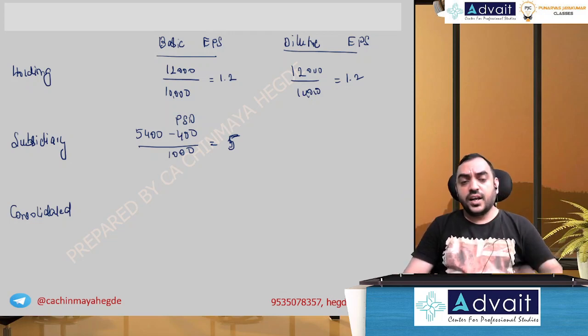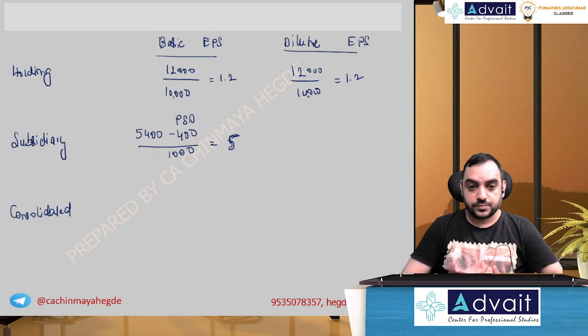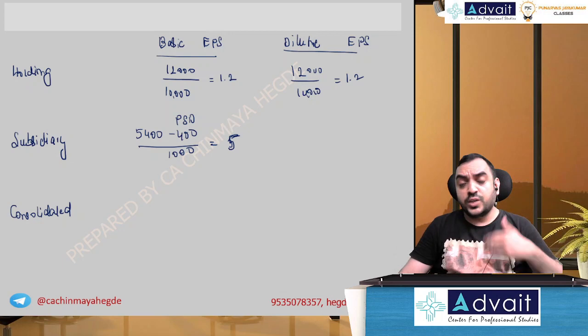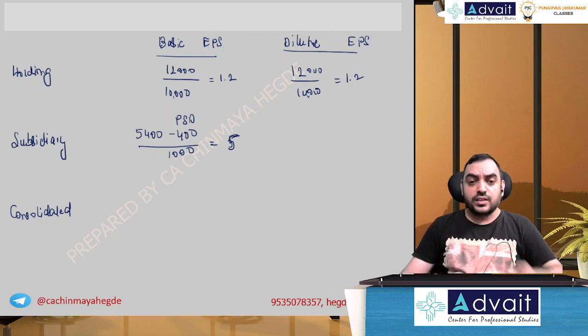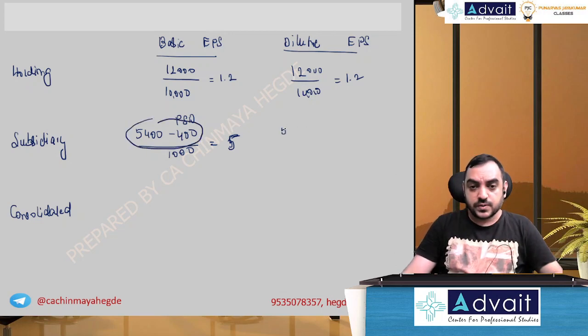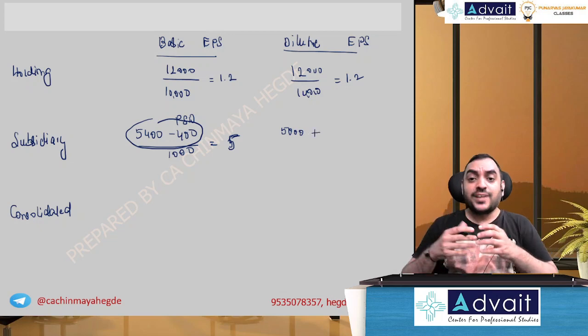Okay. Now relating to diluted EPS. Now diluted EPS means what to be considered? This profit available to equity shareholders is 5,000. Now that I will increase by potential shares.